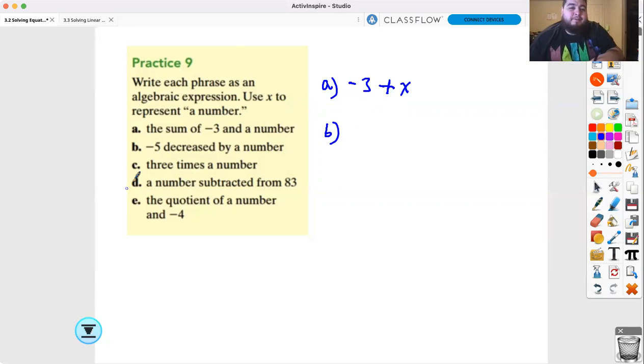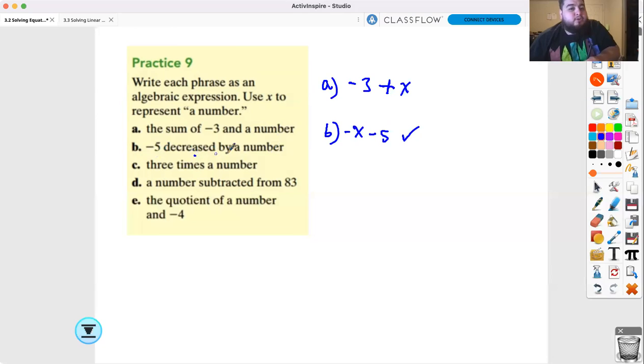All right, cool. Anyone want to try B out? I got X minus 5. Okay, wait, no. Negative X minus 5. Let's read it again. What is it asking us? It's saying -5 decreased by a number.